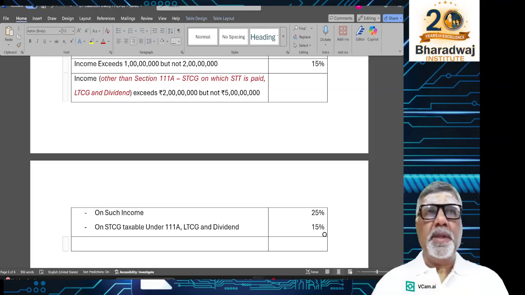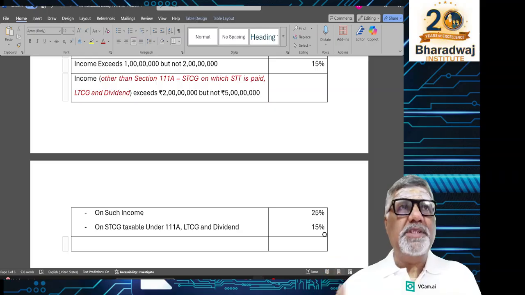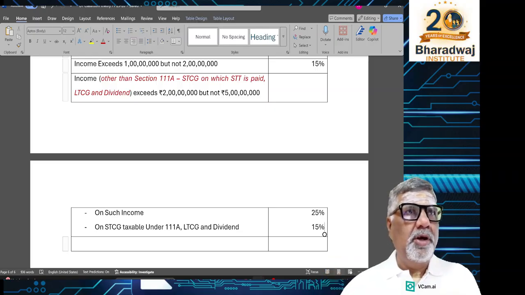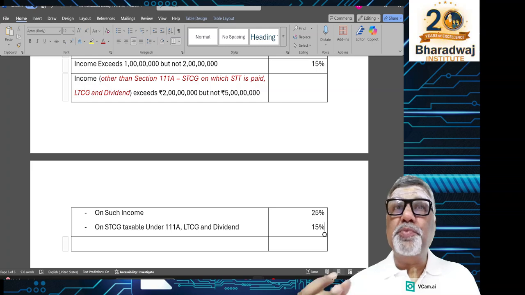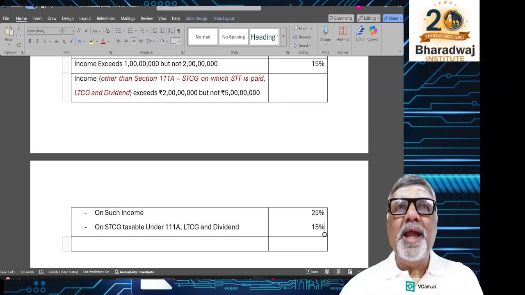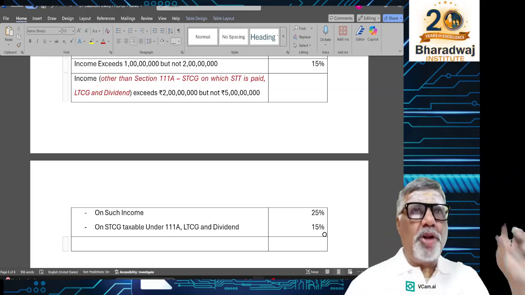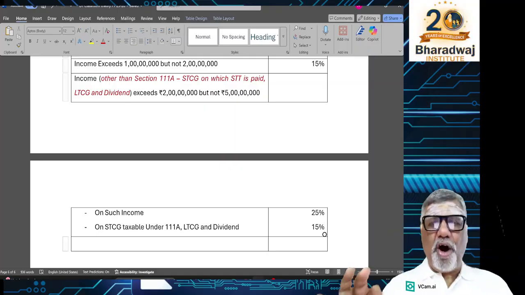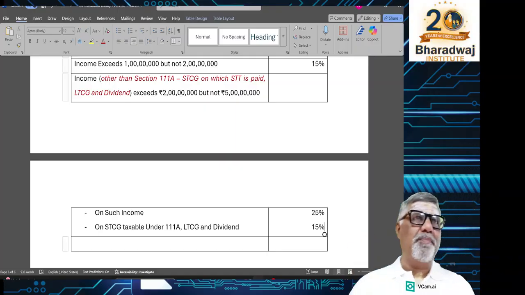Repeating, income from salaries, business or profession, other sources put together exceeds 2 crores. In other sources, I will not include dividend. But on that, what is the tax? For that, surcharge will be 25%.